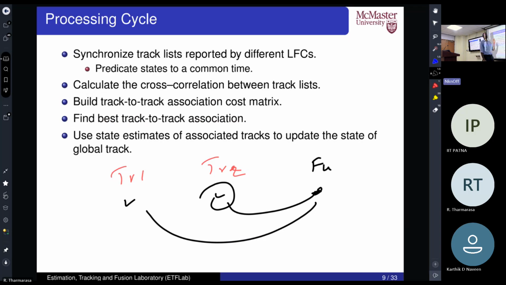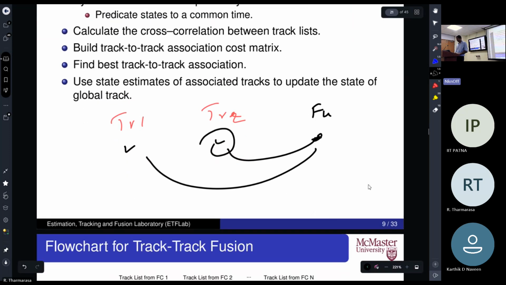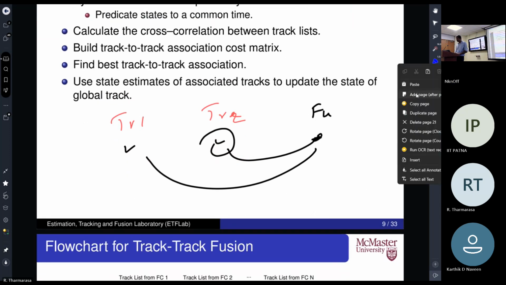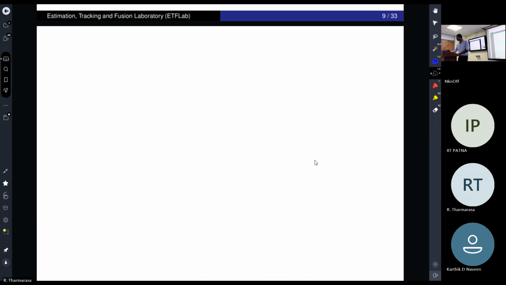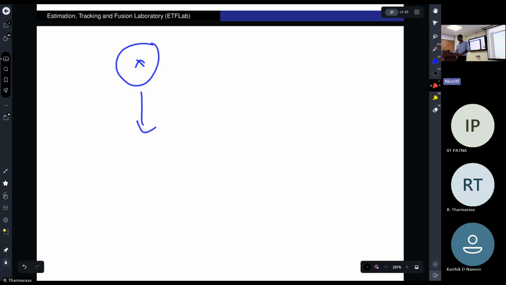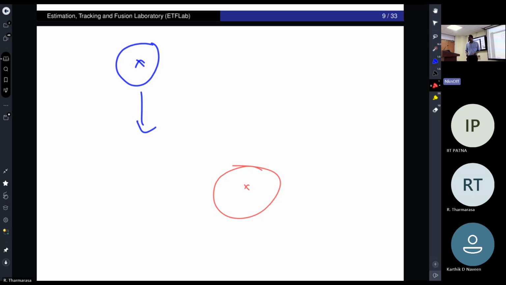Keep in mind that whenever we maintain a global track, it's going to introduce correlation. Let's say this is the first time I send this information to the global, so this and the global should be the same, because there's a copy of that.